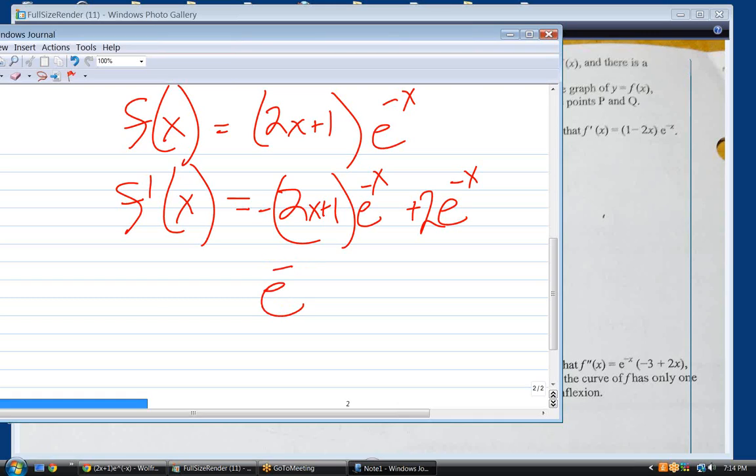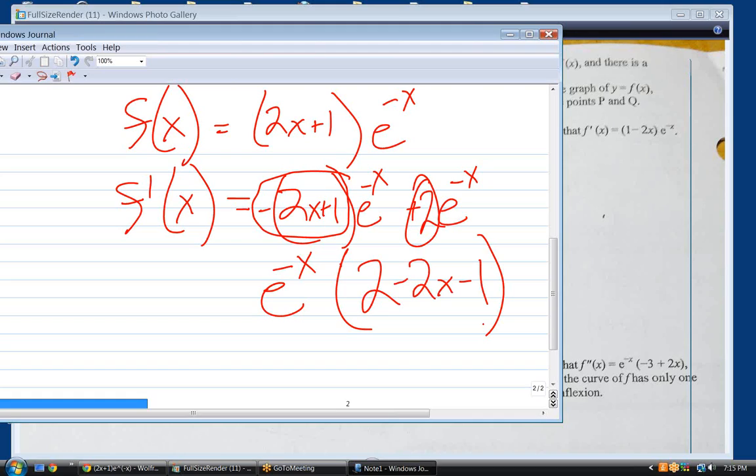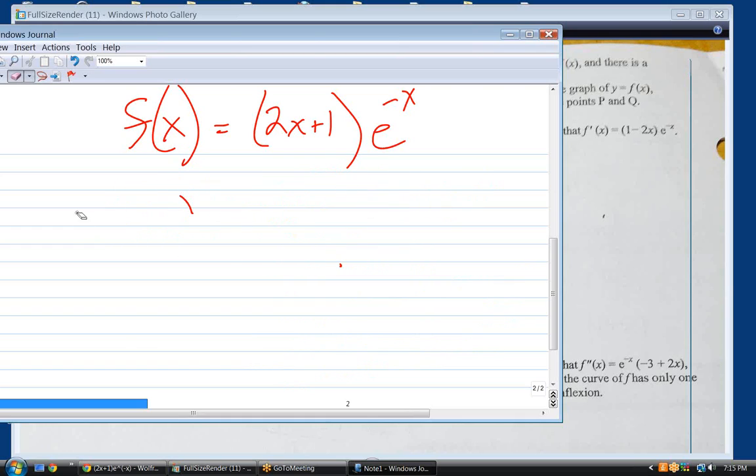In other words, let's factor out an e to the negative x leaving behind this 2 and, well, that 2 is plus. This becomes minus 2x minus 1. Right. Which becomes e to the minus x times 1 minus 2x, which is the answer they have there. Okay? So we know how to take the derivative of it. Now we're going to set that derivative equal to 0.